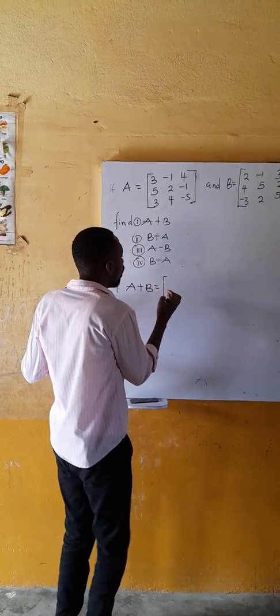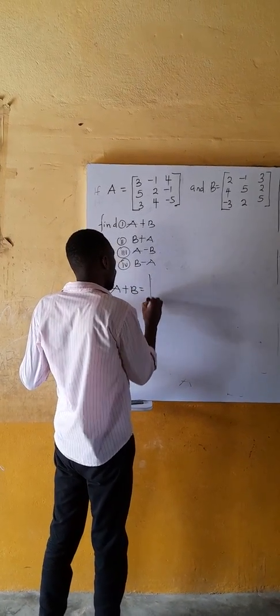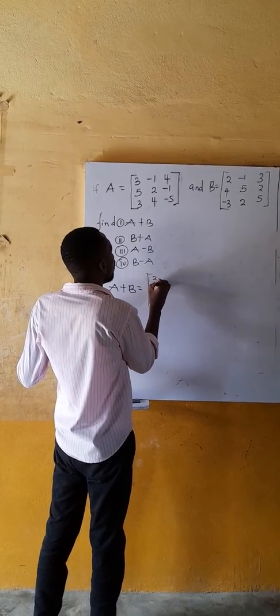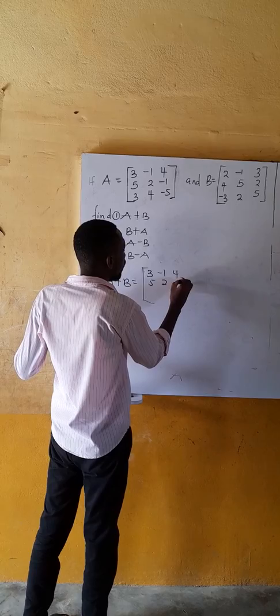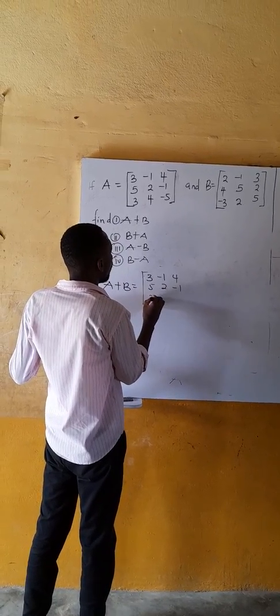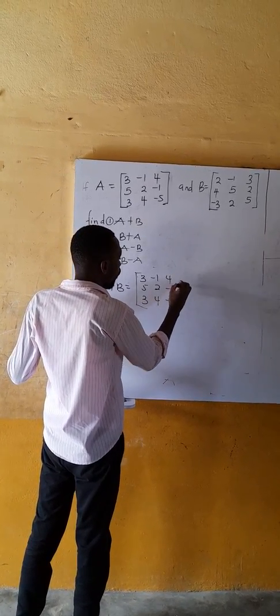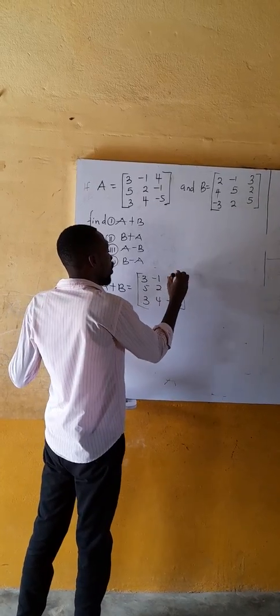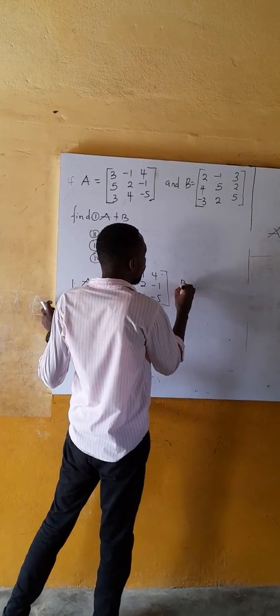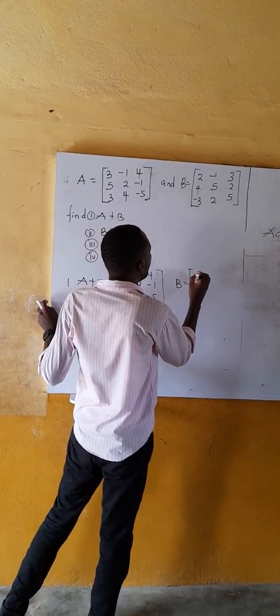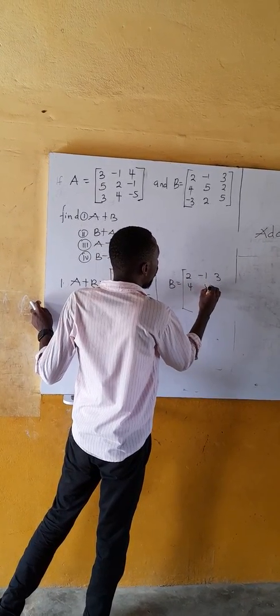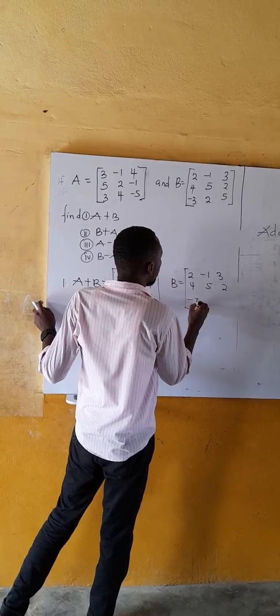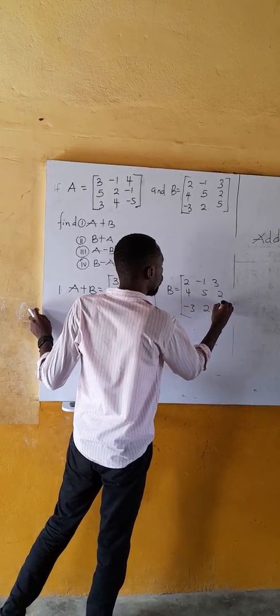What's our A? Our matrix A is 3, negative 1, 4, 5, 2, negative 1, then 3, 4, negative 5. That's our matrix A. Then our matrix B is 2, negative 1, 3, 4, 5, 2, negative 3, 2, 5.